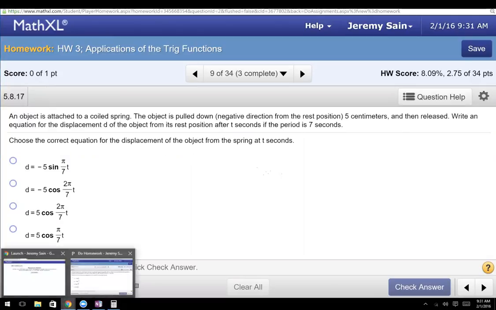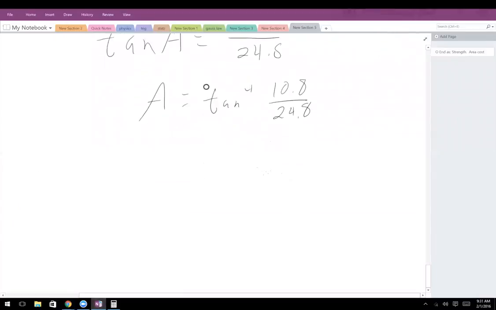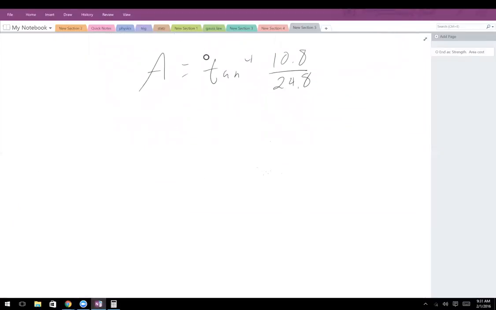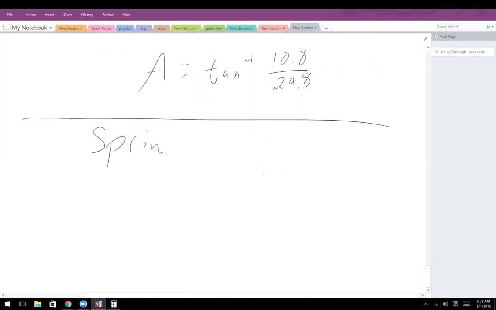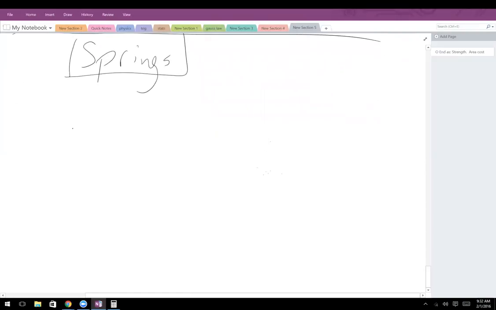I'm not sure exactly how into springs are going to get you, but we'll talk about all these words a little bit later, but let me give you a little preview. So a spring, the position at time t always looks like a cosine, let me just put omega t for now.